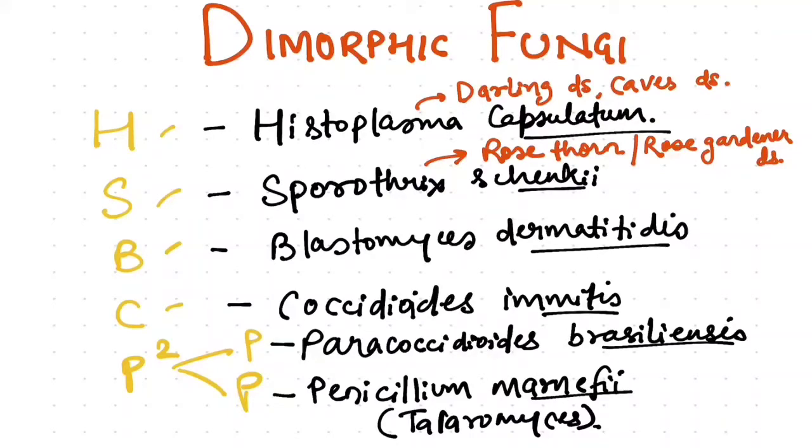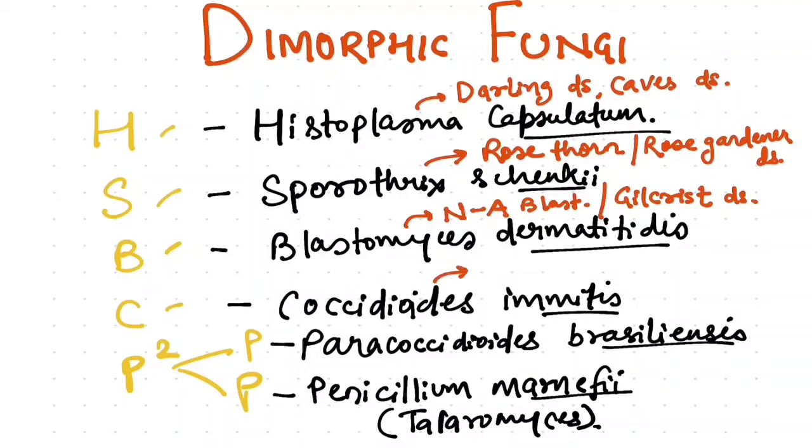Then Blastomyces causes blastomycosis, and the common name is North American blastomycosis, or it is known as Gilchrist disease. The next is Coccidioides immitis.